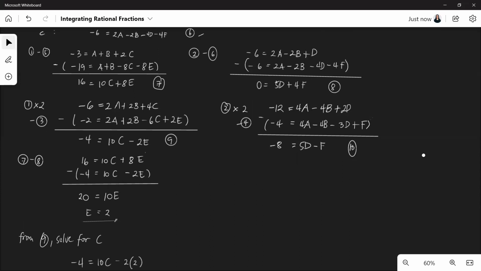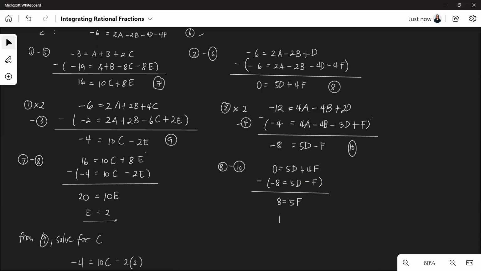We can perform subtraction again using these two. 0 equals 5D plus 4F, minus negative 8 equals 5D minus F. So that's 0 minus negative 8, or positive 8, equals 5D minus 5D is 0, and then 4F minus negative F, that's 5F.